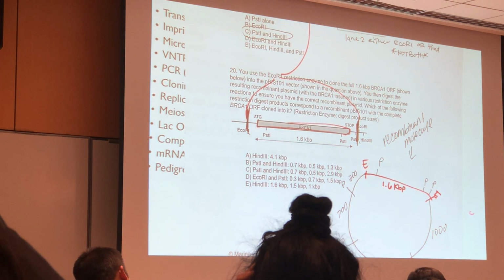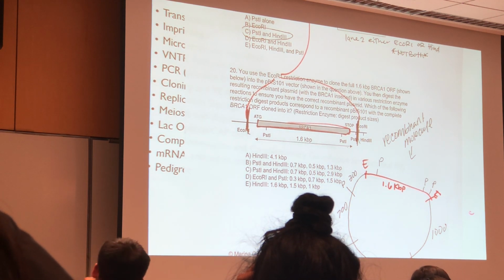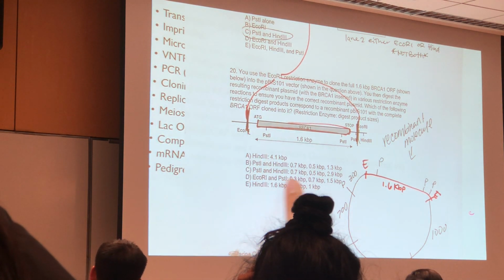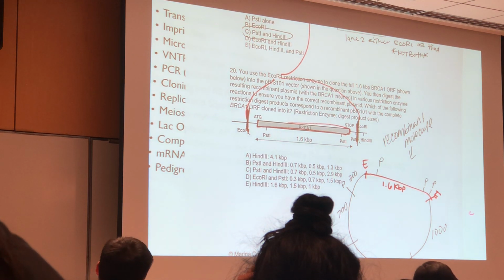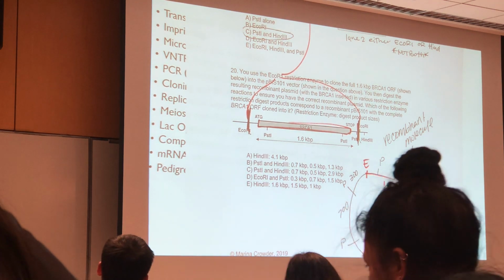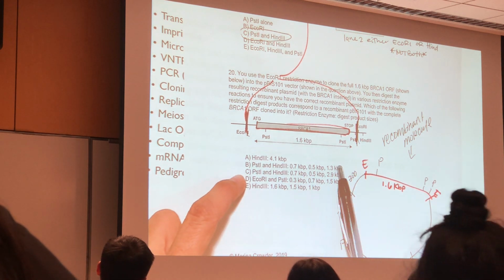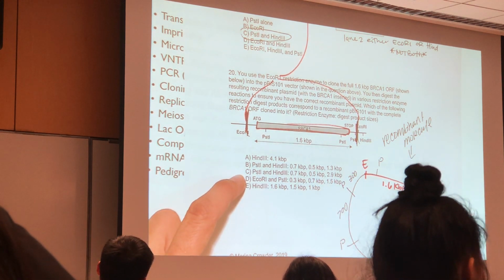You then digest this recombinant molecule, or plasmid, with the insert in, under various restriction enzyme reactions to ensure it's all good. Which of the following digest products, so we've got different products listed, correspond to this plasmid being cut? So we've got enzymes listed and products. Which one's correct?